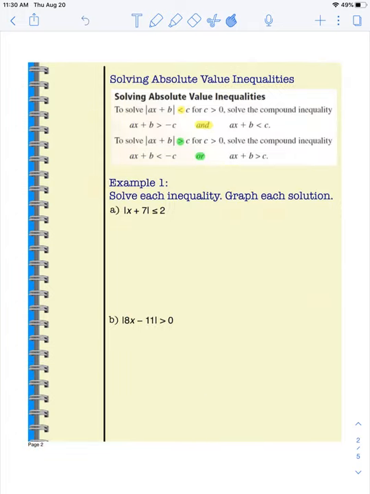So, solving absolute value inequalities. To solve an absolute value that's less than a number, solve the compound inequality: the positive value is less than c, and the negative value is greater than negative c. To solve an inequality that's greater than c, you're going to solve it as the positive is less than negative c, or the positive is greater than c.